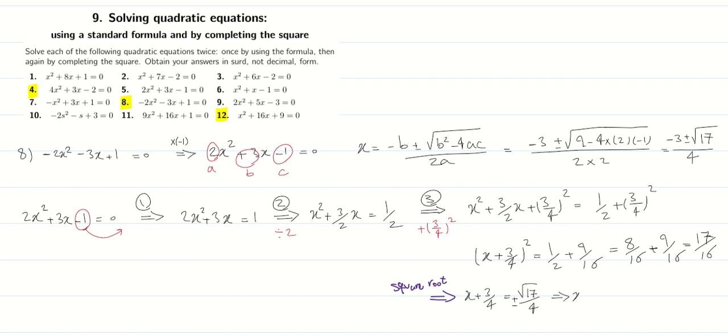So that means my x value is equal to negative 3 over 4 plus minus square root of 17 over 4. Now, since I have the same denominator, it can be written as negative 3 plus minus the square root of 17 over 4, which would be the same answer that we got from the formula.